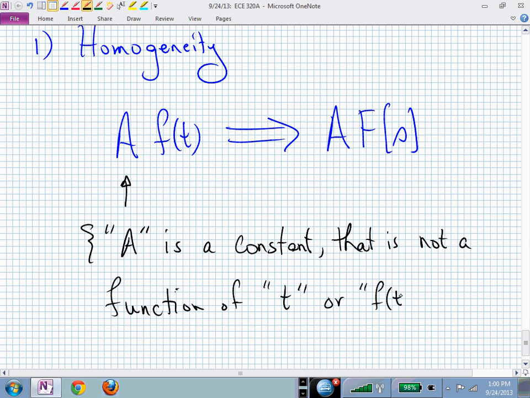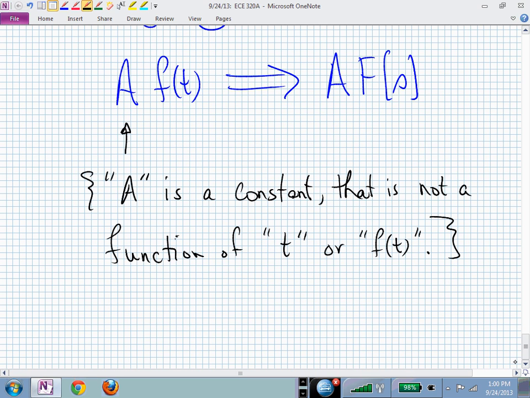And it's not a function of f of t either. A is just a number. So homogeneity holds. If you scale something in the time domain, the exact same scaling is going to happen in the frequency domain. That's nice.